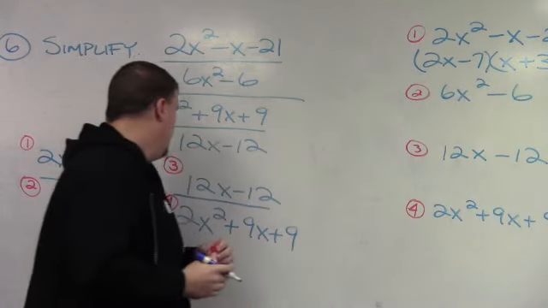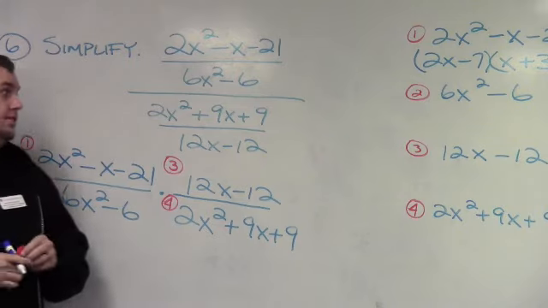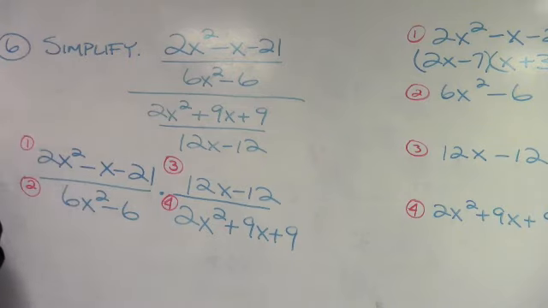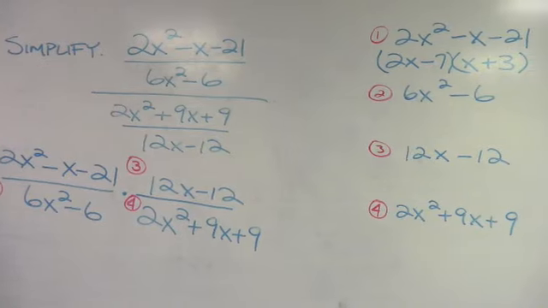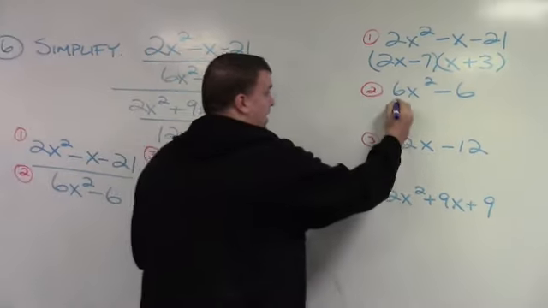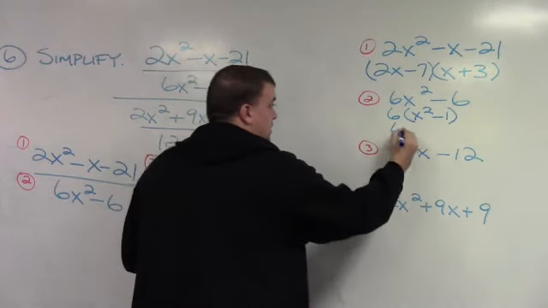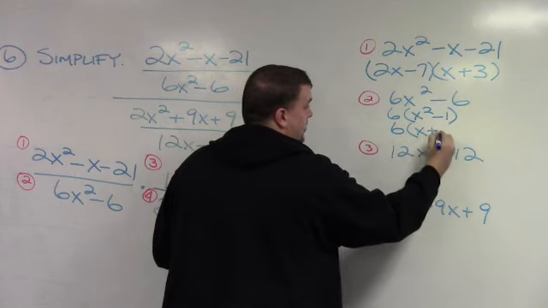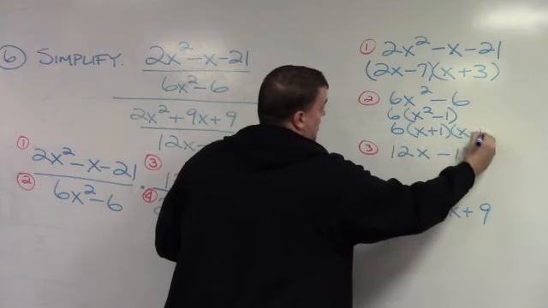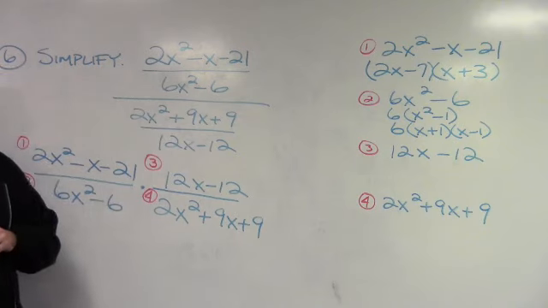Remember, that's just using whatever method you're comfortable with: AC method, splitting the middle term, guess and check. 6x squared minus 6, do you agree that we should take out a 6 first, and then x squared minus 1 is a difference of squares. So we have 6, x plus 1, x minus 1.